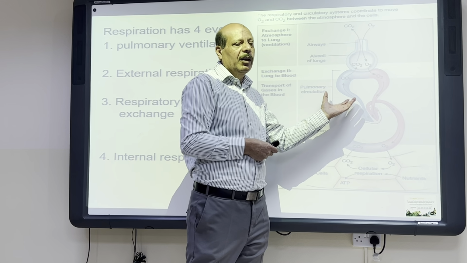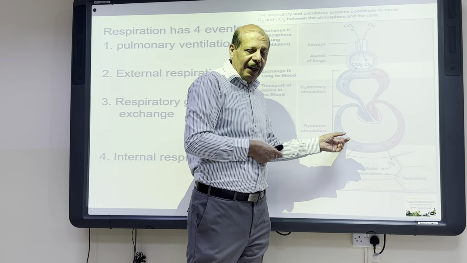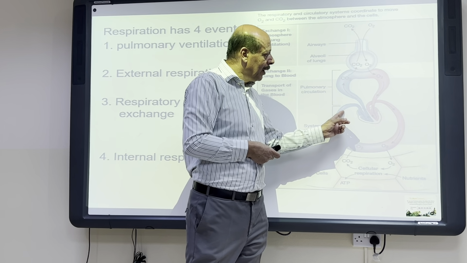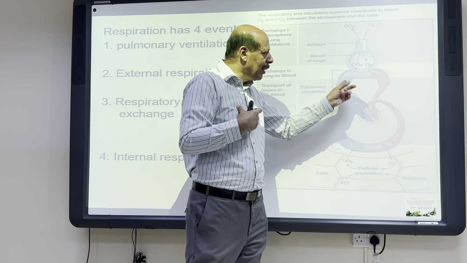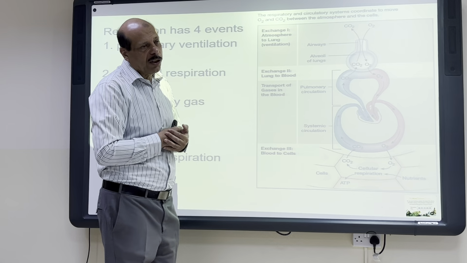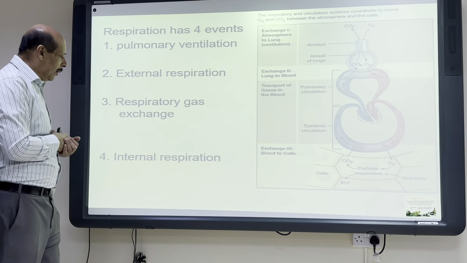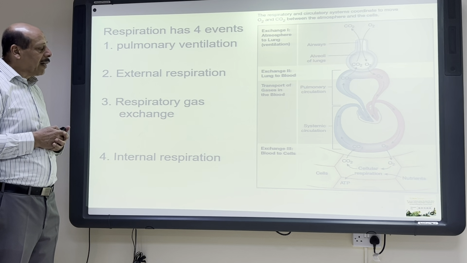That CO2 will return back to the venous side of the blood, and it will return back to the right side of the heart. Then it will be pumped to the lung in order to get oxygen again. So this, we call the internal respiration.